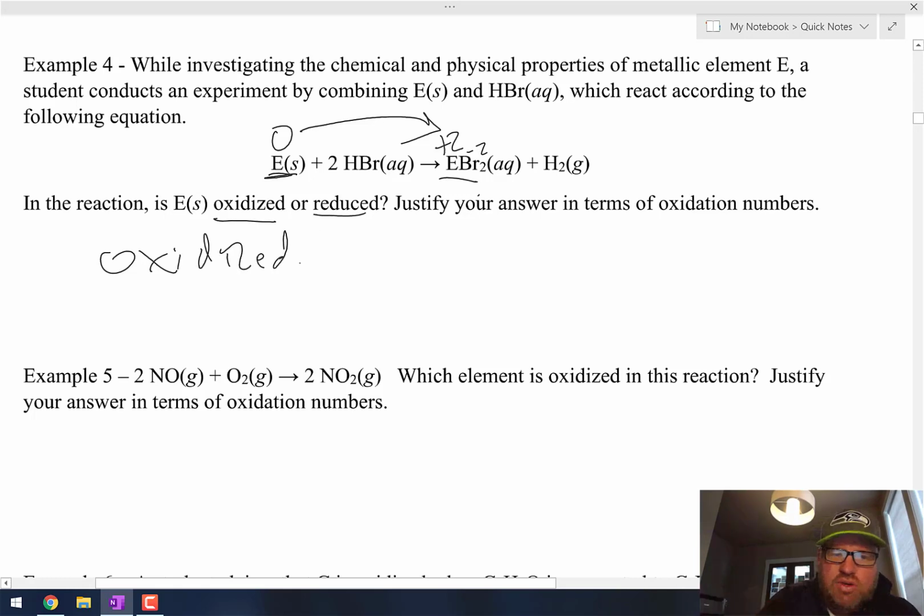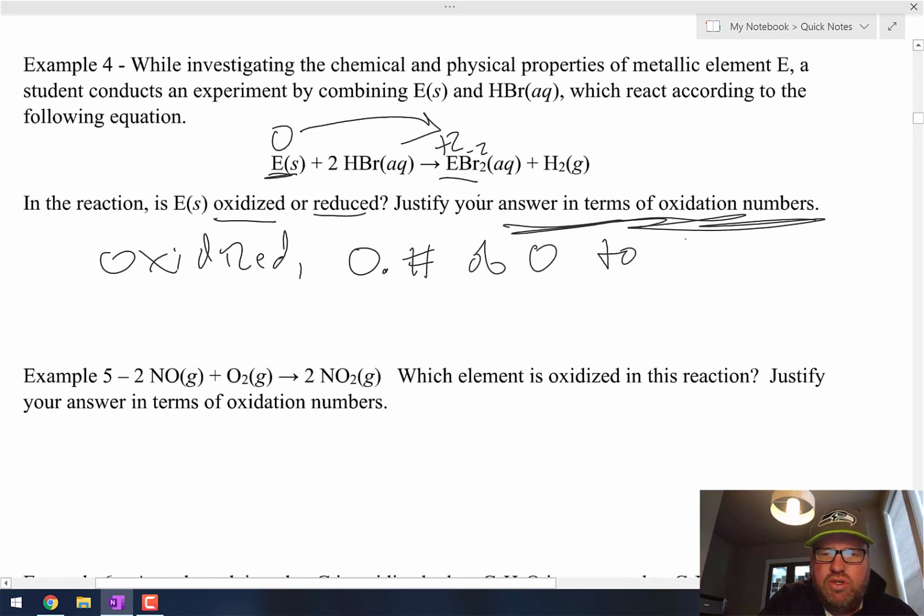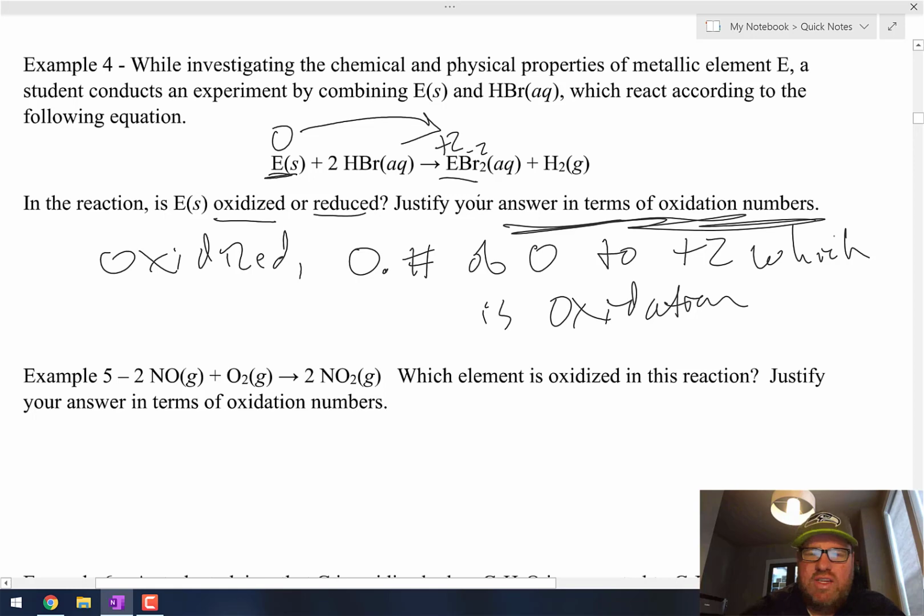And how would you explain that? Simply, you would say, because they tell you, make sure you explain it in terms of what they say: because E is going from an oxidation number of 0 to positive 2, which is oxidation. And that's all you had to say there.